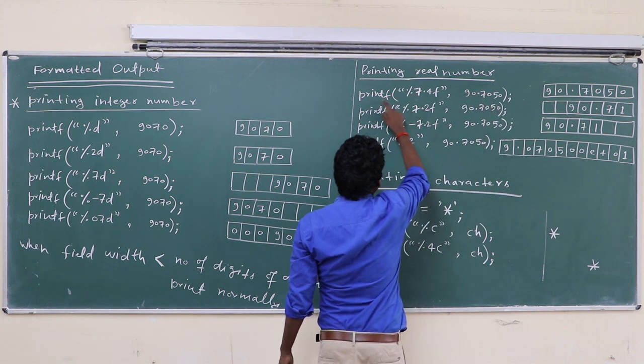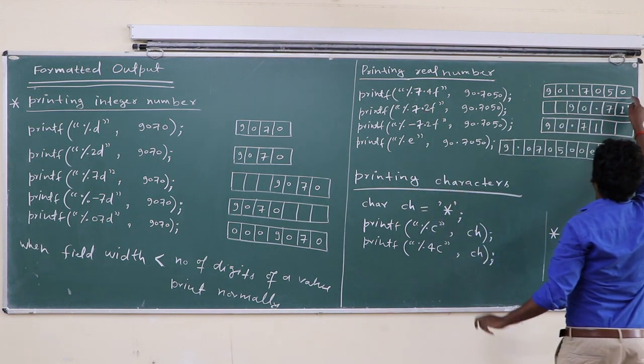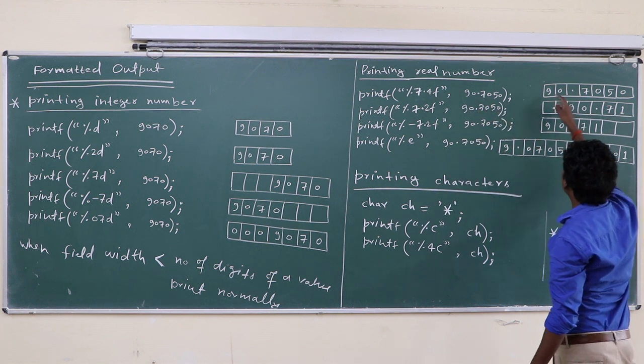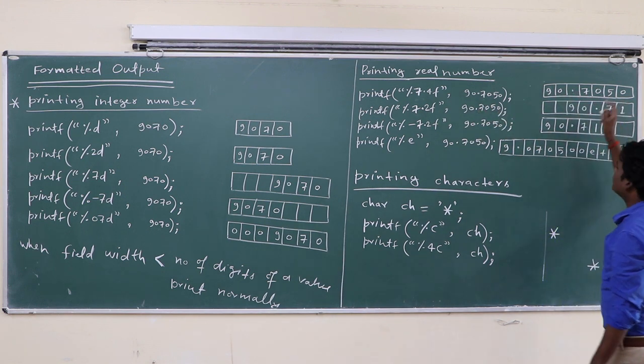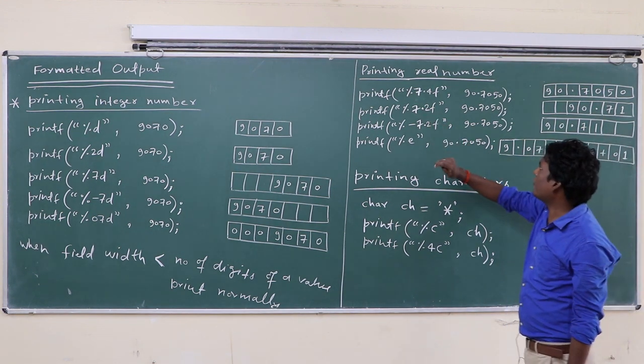So the printf prints this number in 7 blocks: 1, 2, 3, 4, 5, 6, 7 blocks, and the number is printed as 90.7050. Here is 7.2.